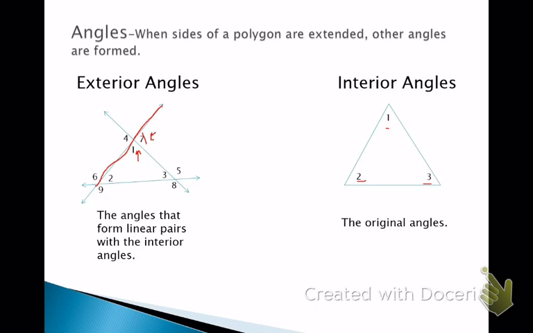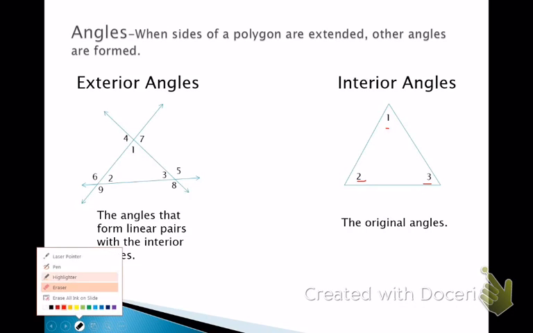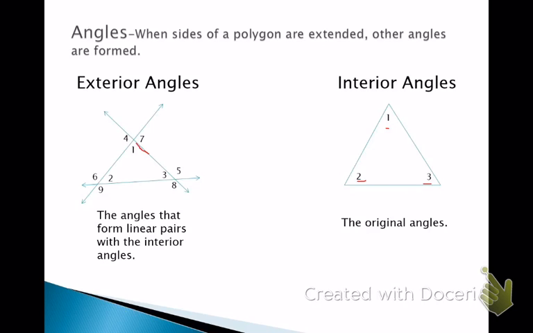Okay, but all the exterior angles form a linear pair with an interior angle somewhere. So if we were to extend this side, we'd create this angle, angle 4, and angle 4 and angle 1 would be a linear pair, 3 and 5, 3 and 8 are linear pairs. So you just have linear pairs all over the place here. And linear pairs, remember, have to add up to 180. They're supplementary.